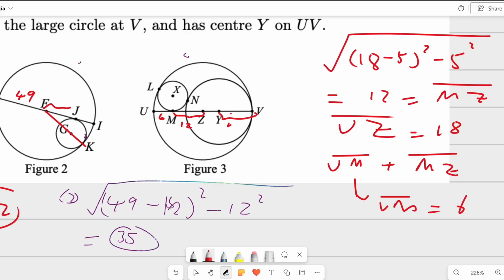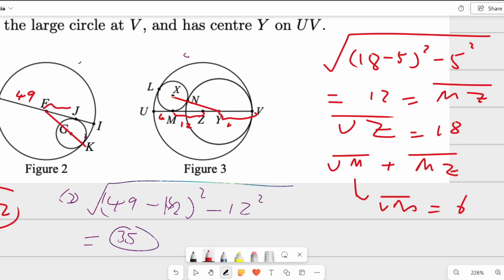Okay. Then, based on fact 1 we know, if two circles are tangent to each other, the line connecting the tangency has to pass through their origins. So when we connect X, N, and Y, they should for sure be on the same line. And then we can do the same thing as the first step.